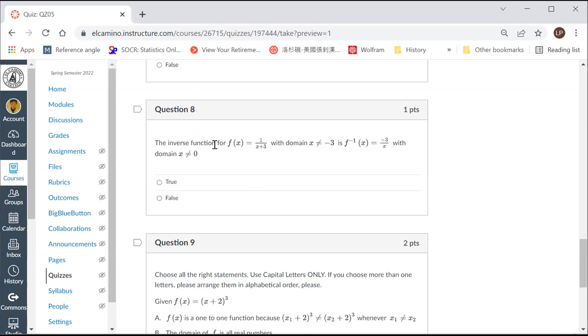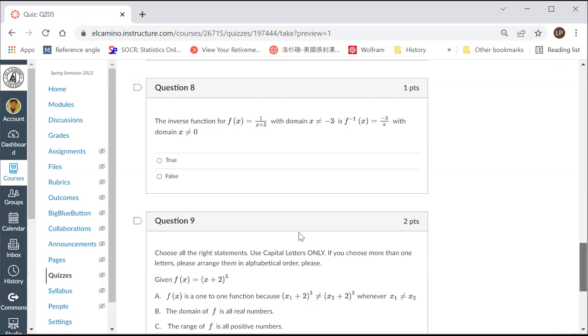The inverse function for f of x equals 1 over x plus 3 is f inverse x equals negative 3 over x with domain x is not equal to 0. True or false? There are multiple ways to approach this. These are from homework.